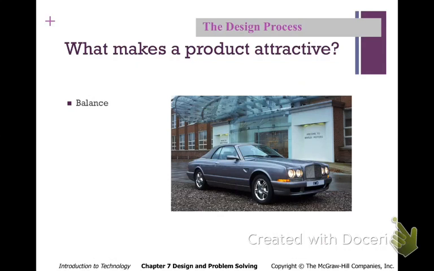That's symmetrical balance. Your body has symmetrical balance, or formal balance, if you will. And there is another one that is informal balance, where it's not symmetrical. You look at most newsprints and magazine articles; those tend to be informal balance.